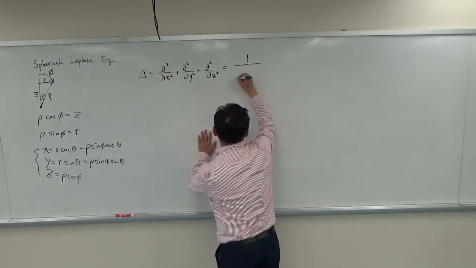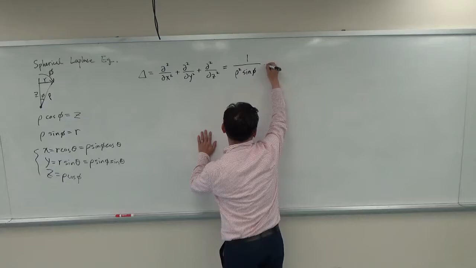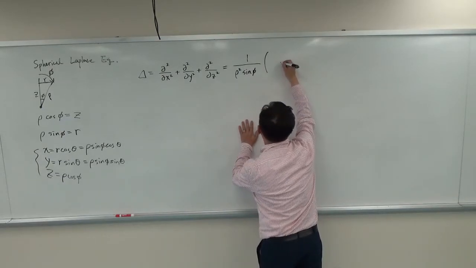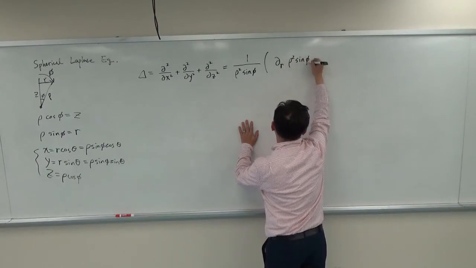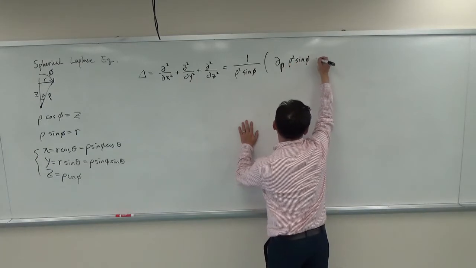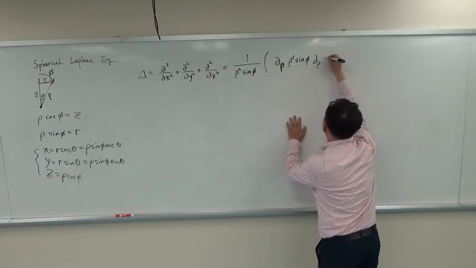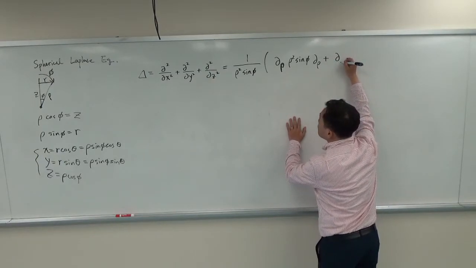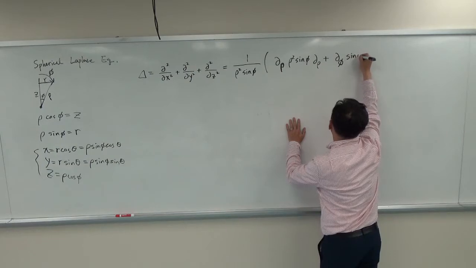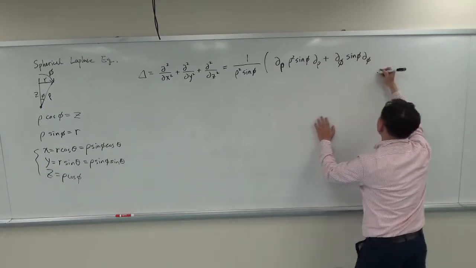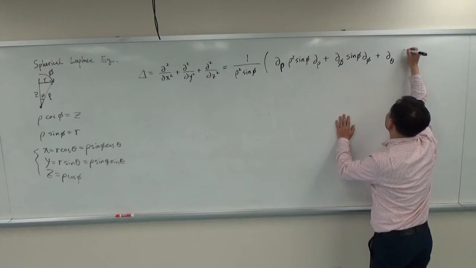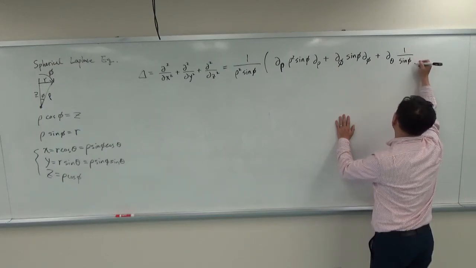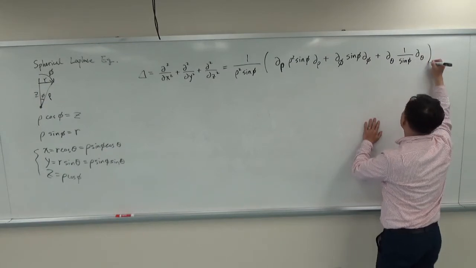Well, this is 1 over rho squared sine phi, and then this is partial of rho, rho squared sine phi, partial of rho, plus partial of phi, sine phi, partial phi, and then plus partial theta, 1 over sine phi, partial theta. It's this one.